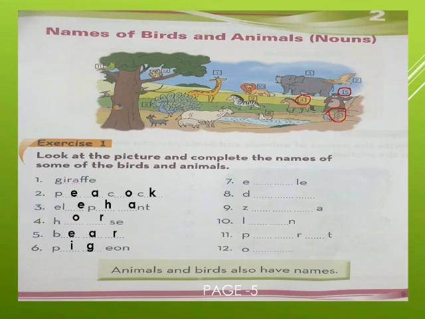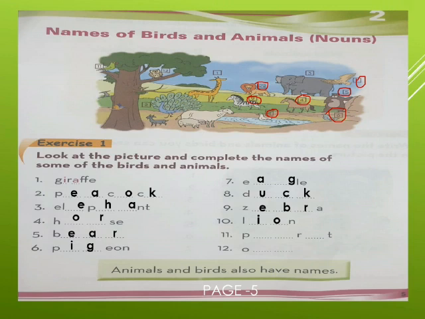The seventh picture is of an eagle flying. E-A-G-L-E, eagle. The eighth picture, can you see it? It's a duck in the pond. D-U-C-K, duck. The ninth picture is of a zebra. Z-E-B-R-A, zebra.